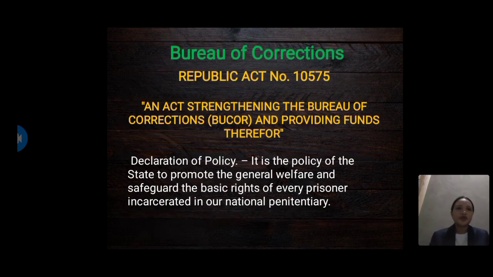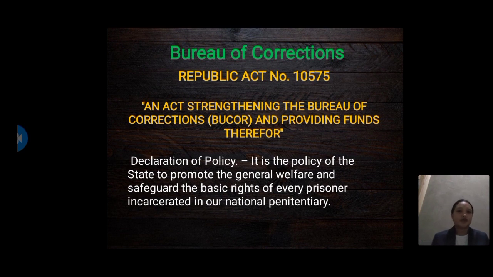So, the Bureau of Correction is related to Republic Act number 10575. This is an act strengthening the Bureau of Corrections, or the BuCor, and providing funds therefor.